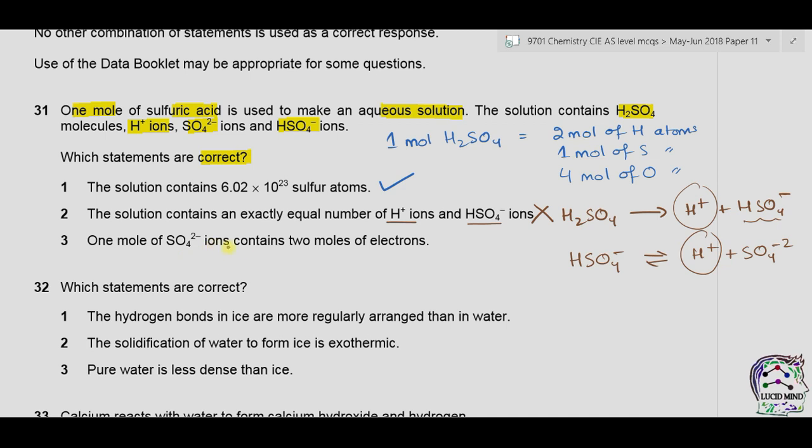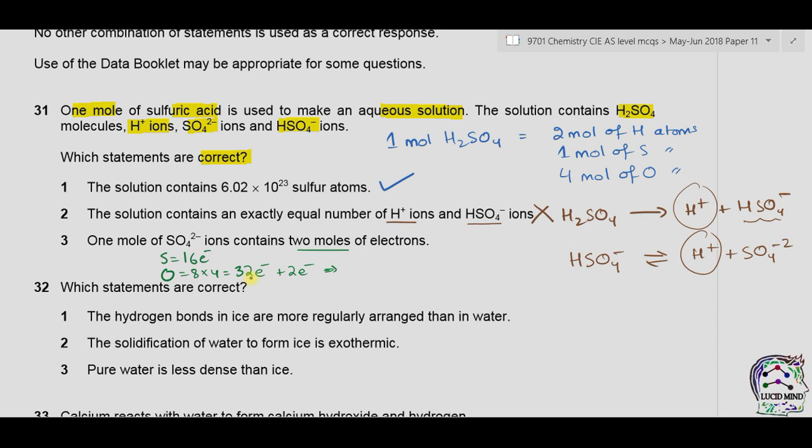3. 1 mole of sulfate ions contains 2 moles of electrons. Now in sulfate, the atomic number of sulfur is 16. The atomic number of one oxygen is 8. So in sulfur, 16 electrons are present, while in 4 oxygen, 32 electrons are present. And we also have a negative 2 charge.